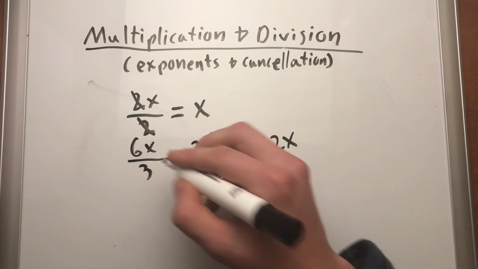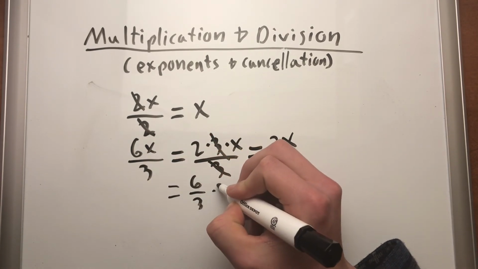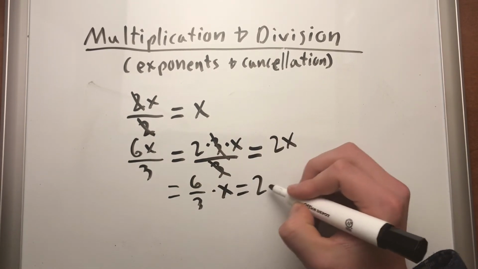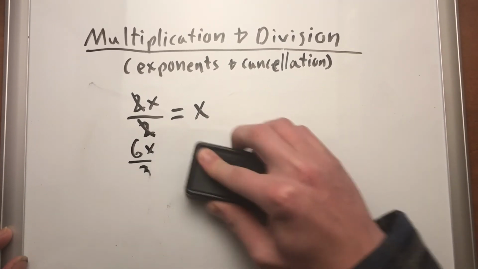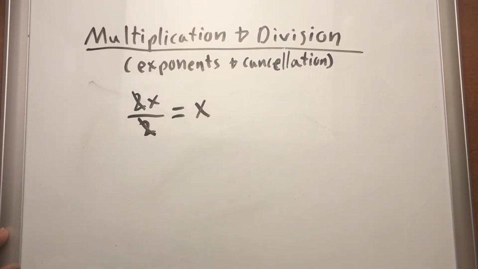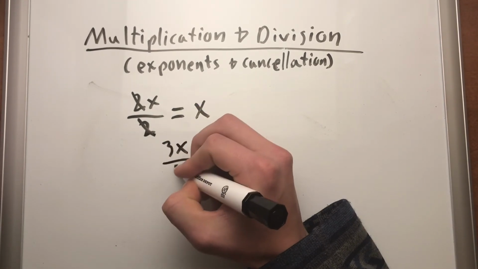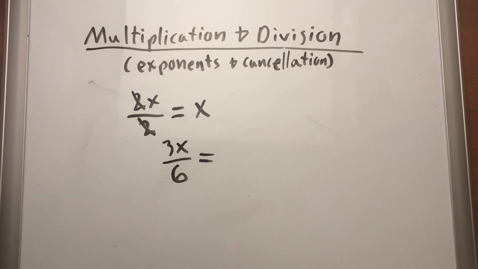You can also think of this as 6 over 3 times x. 6 divided by 3 is 2. This would also work the other way. If we had 3x over 6, how would that simplify?